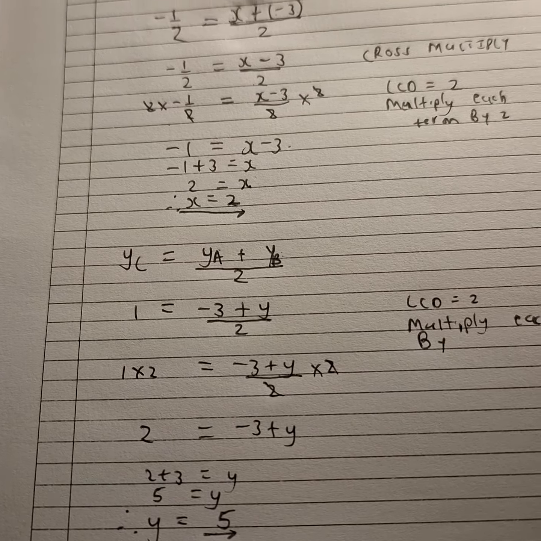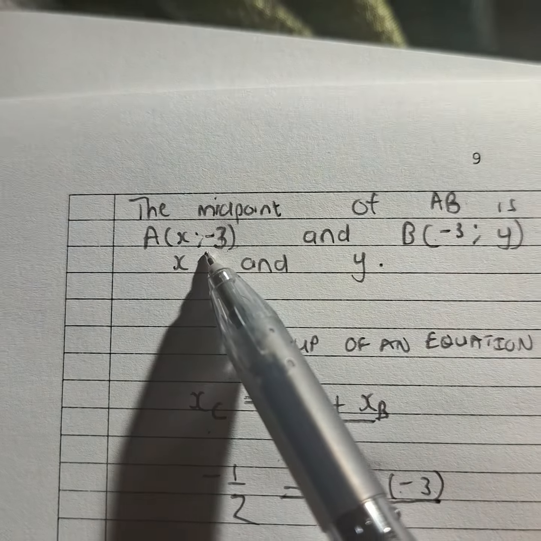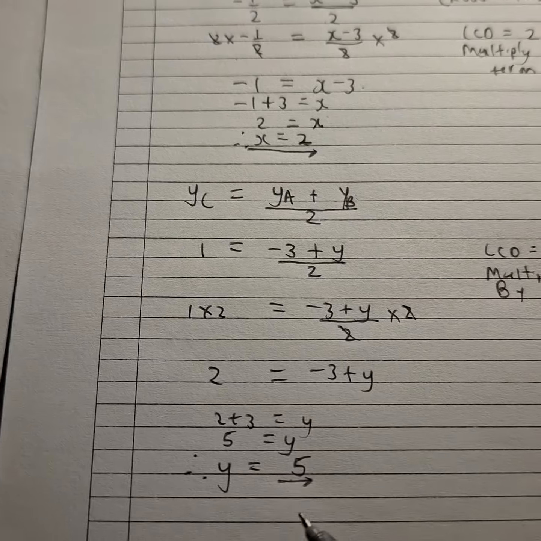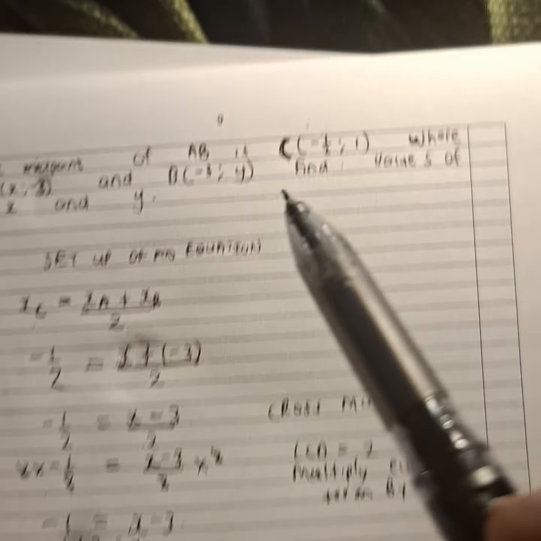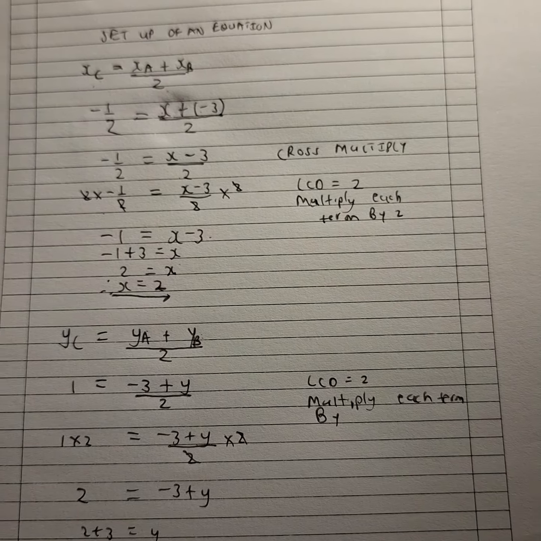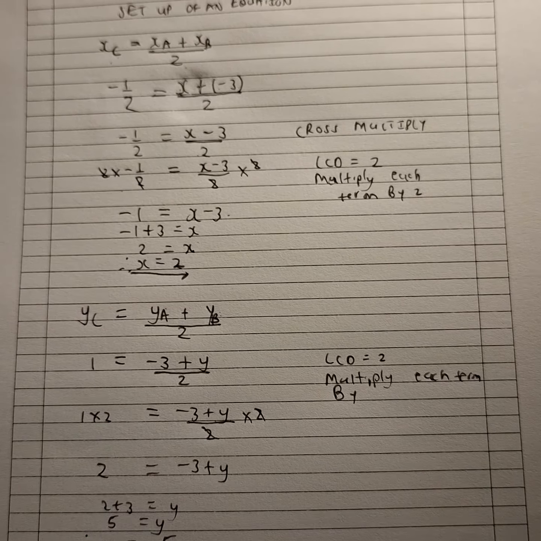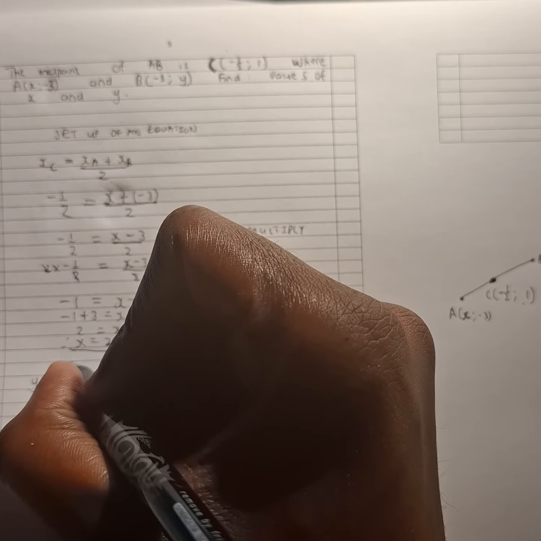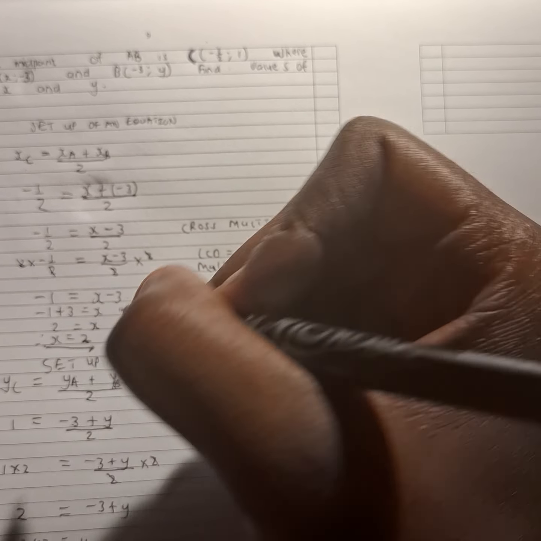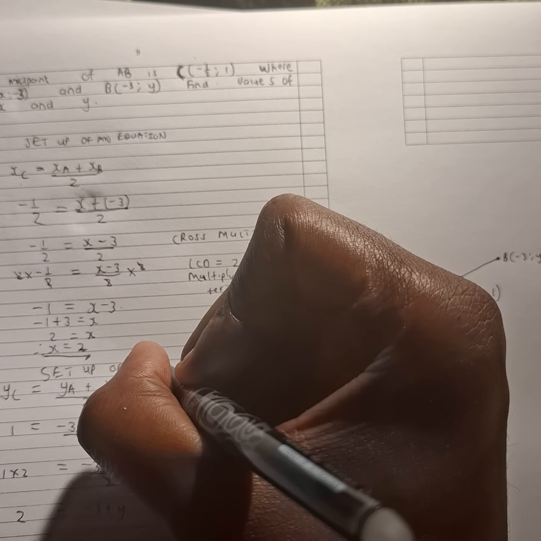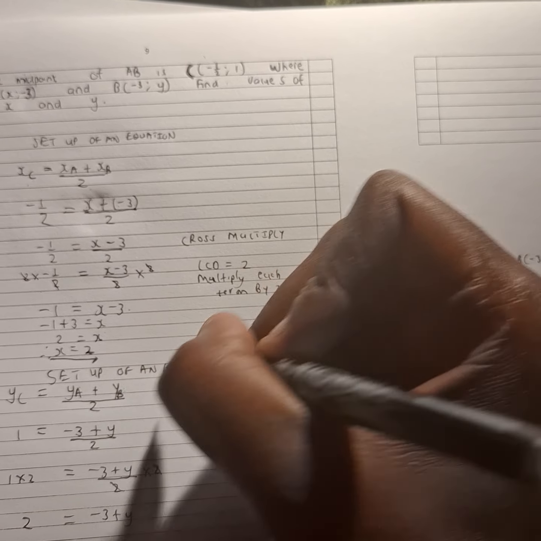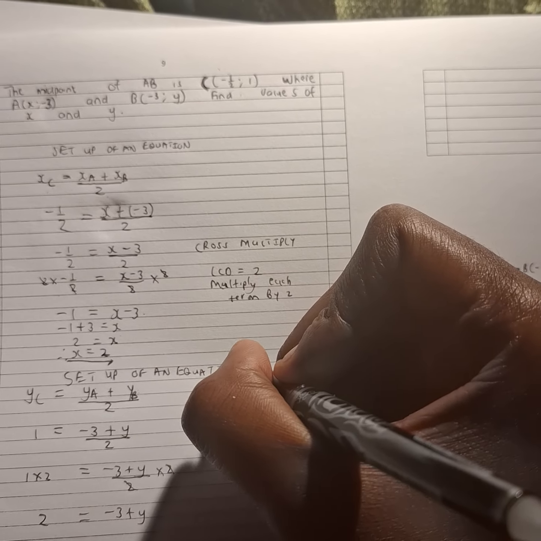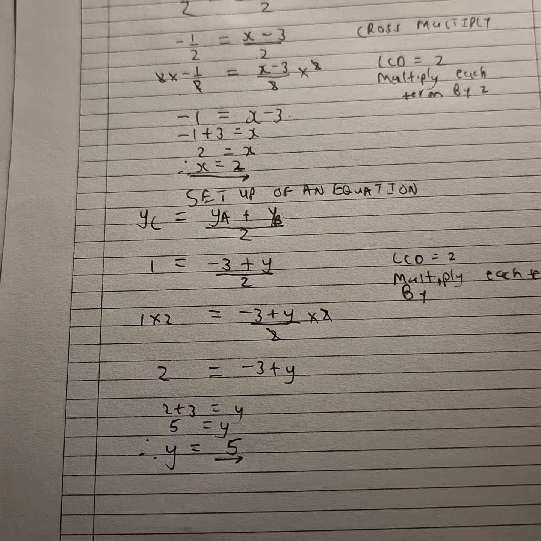Guys, what I've just done is find the x coordinate of A and the y coordinate of B by using my understanding of the midpoint formula, setting up 2 equations and using my term 1 knowledge to solve for my unknown.